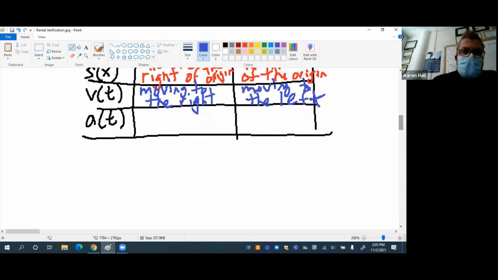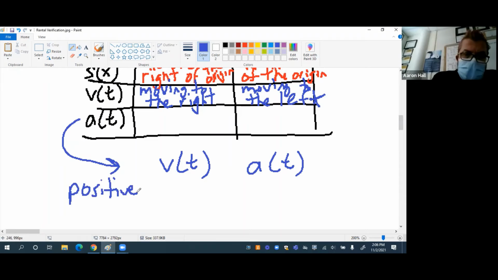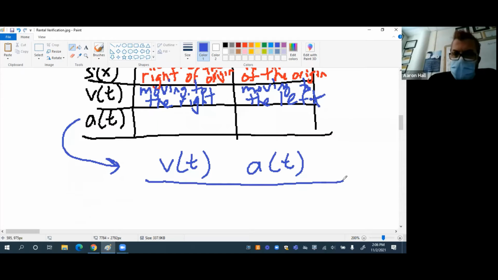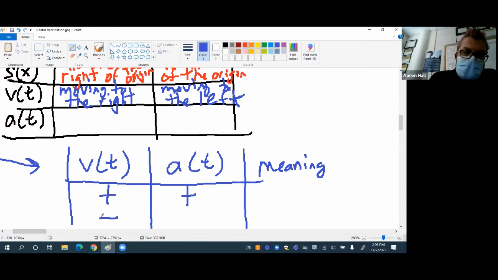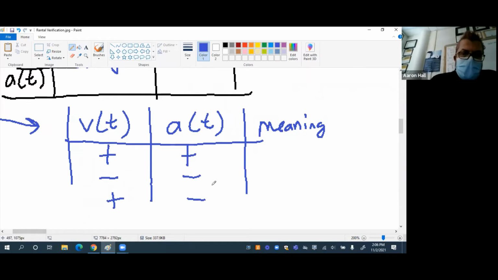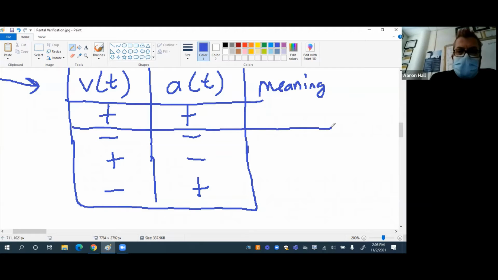So I'm going to move down and do another chart for velocity and acceleration, positive, negative, and then meaning. All right, these are all of the possible outcomes.